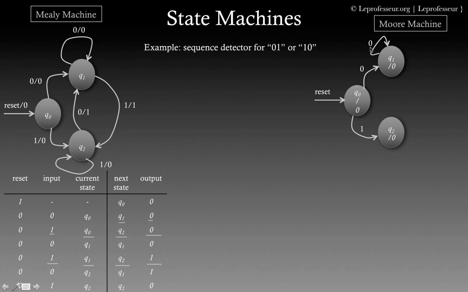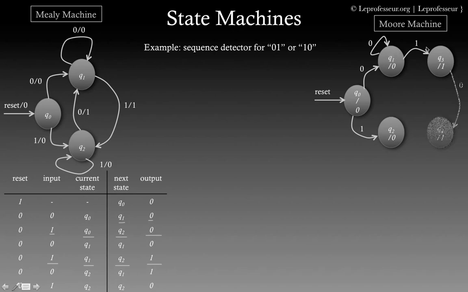We just stay in that state, it's very similar to the Mealy machine's Q1, and we output 0 here. Now if we detect 1 on the input, it means we detected 0 and 1, and we move on to the next state, and we output 1 in that state.